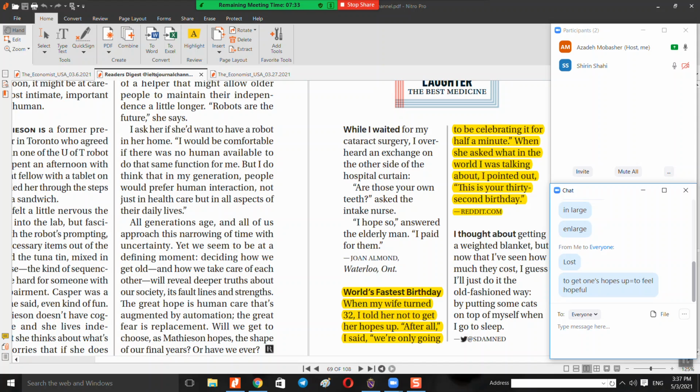Okay. After all, it's an expression. What does it mean? No, it's an expression. How do you say it in Farsi? Well, technically, yes, it means that, but in Farsi, how do you translate after all? You're saying the same thing, no. Shirin, what's your opinion?